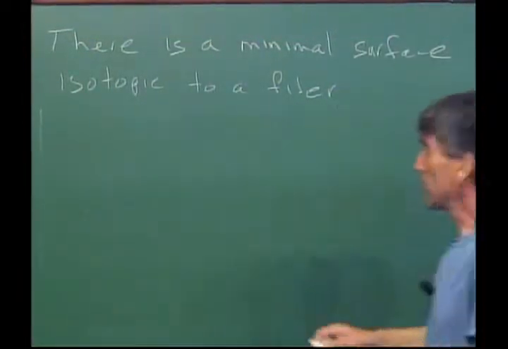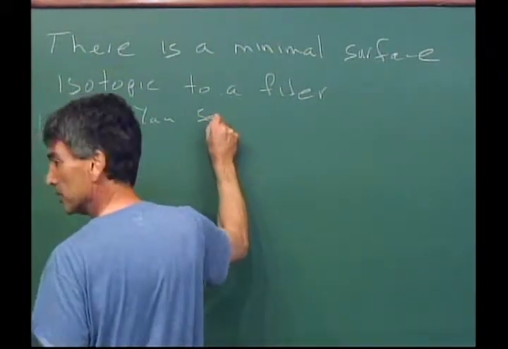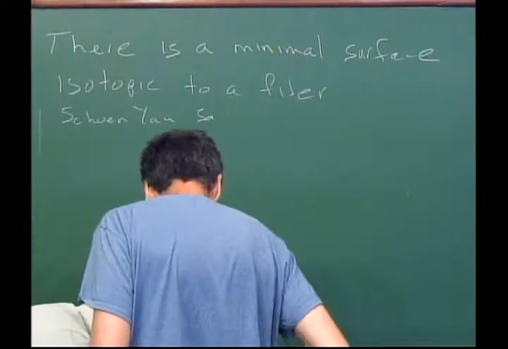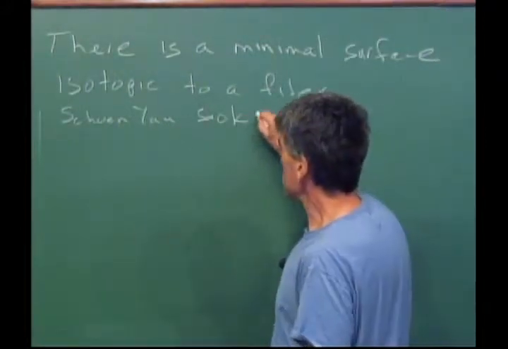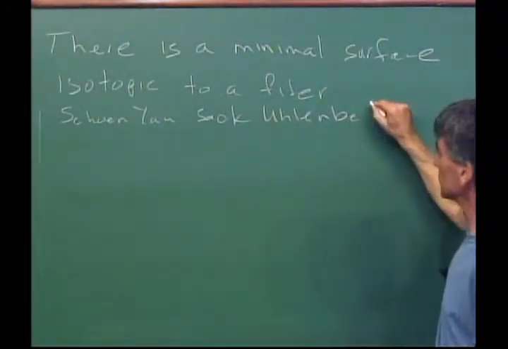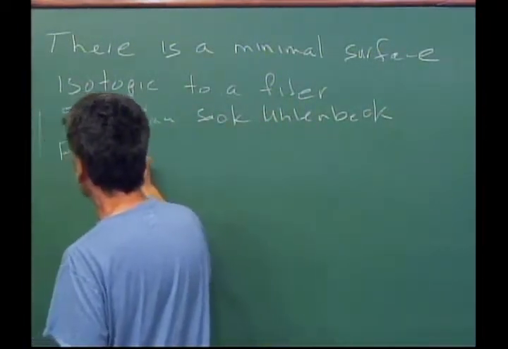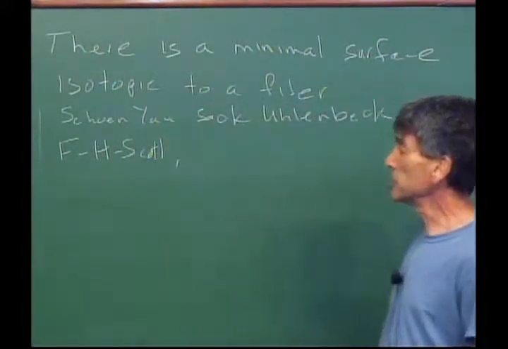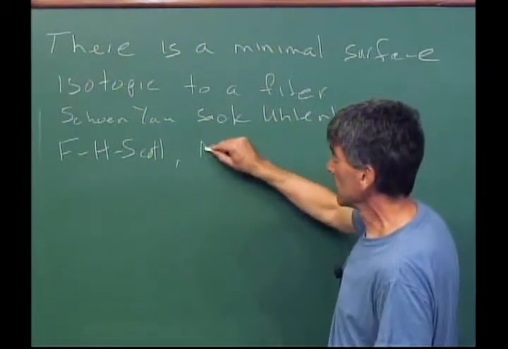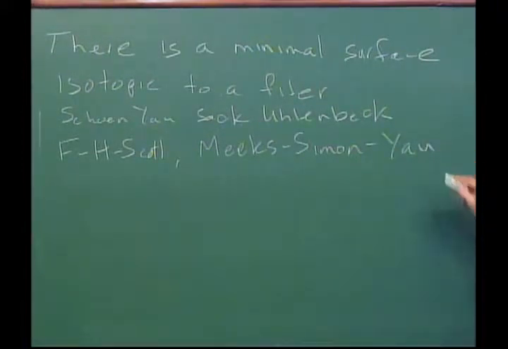That came out of work of a variety of people, Schoen, Yau, Sacks, and Uhlenbeck. Work I did with Freedman and Scott showed that the least area surface of this type was embedded, and this particular result also came out of work of Meeks, Simon, and Yau, who minimized in an isotopy class.